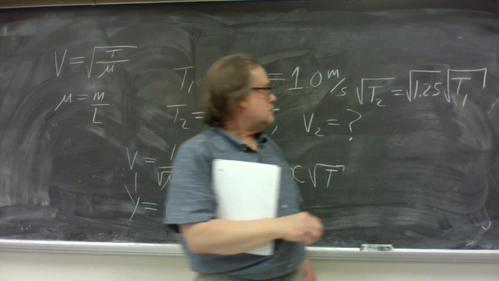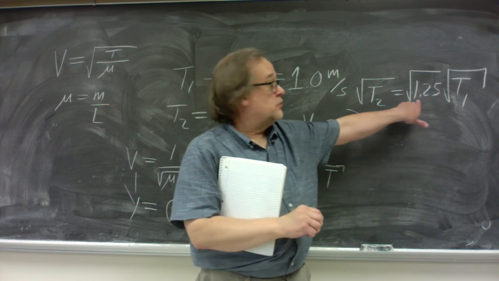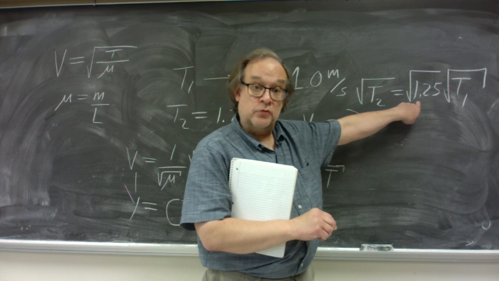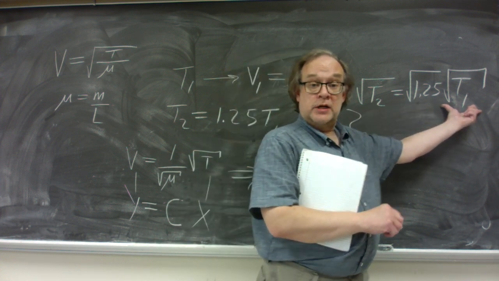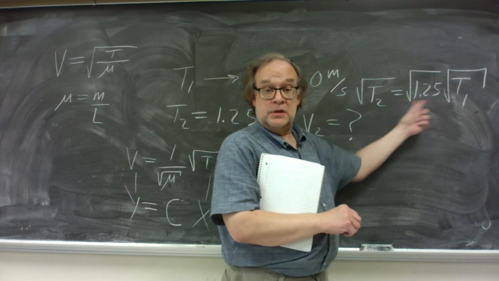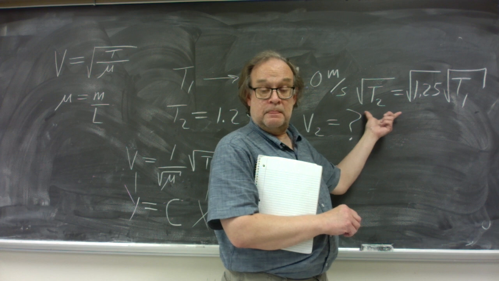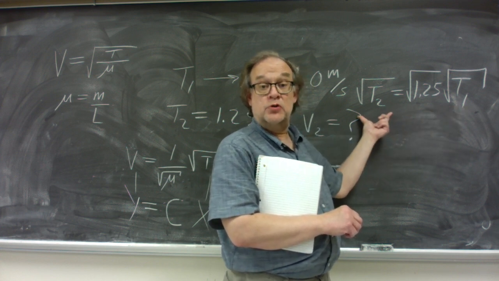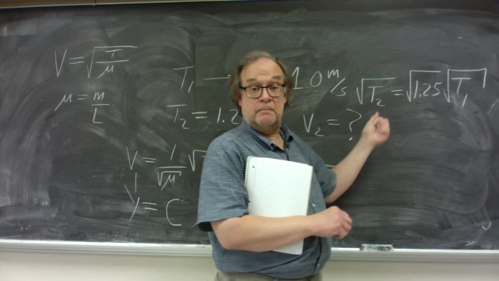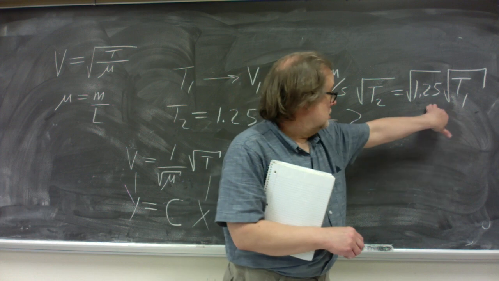So square root of tension changes by this factor, square root of 1.25. Old square root tension times this factor of square root 1.25 gives you the new square root tension. So wave speed changes by exactly the same factor.